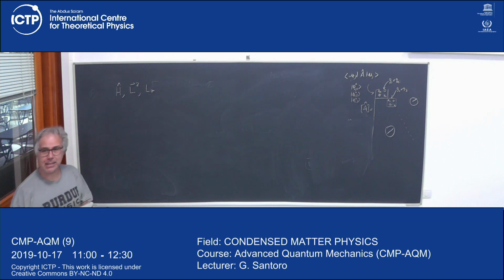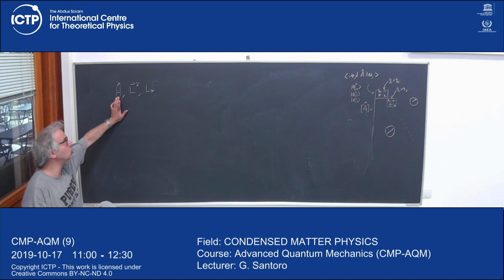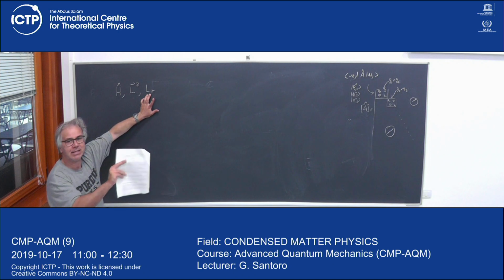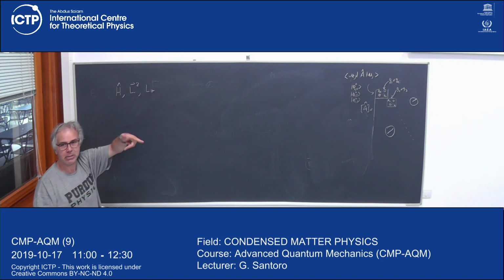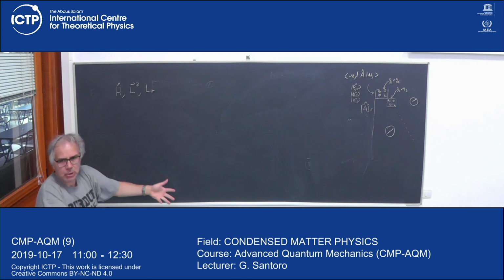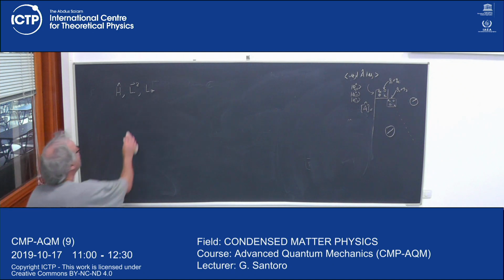So I'm guaranteed that I can find Hamiltonian eigenstates which are also angular momentum eigenstates with a given definite component of angular momentum Lz, because of this theorem. But we will do it in practice, so you will see an illustration later.